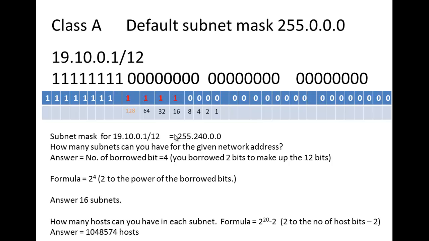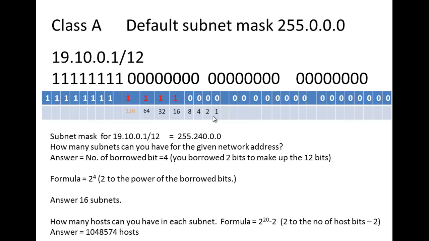And that is how we discover the subnet mask. If you take the section of the network that has the combination of ones and zeros, and you convert that binary to decimal, then you're going to get the number that you need for your subnet mask for this network.